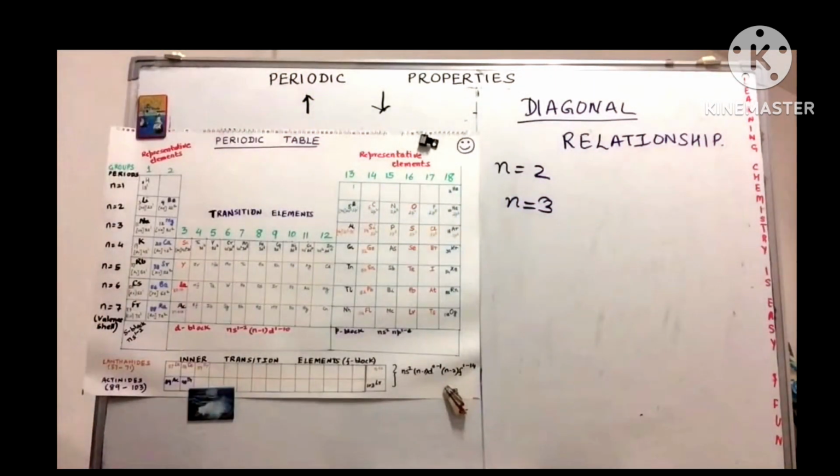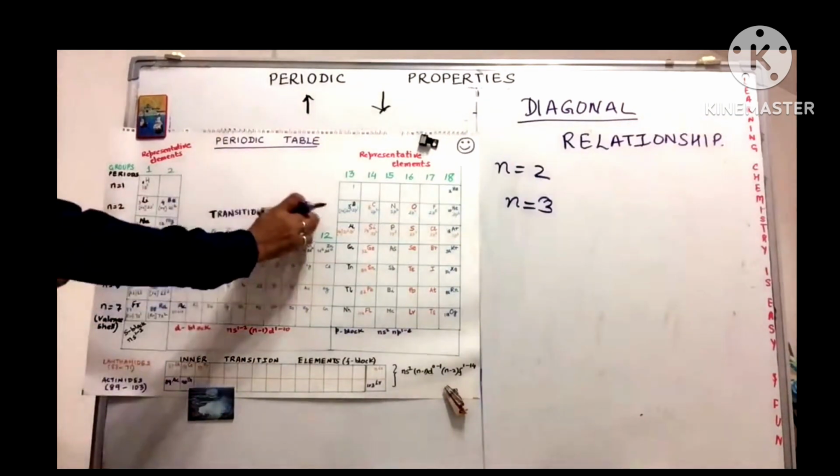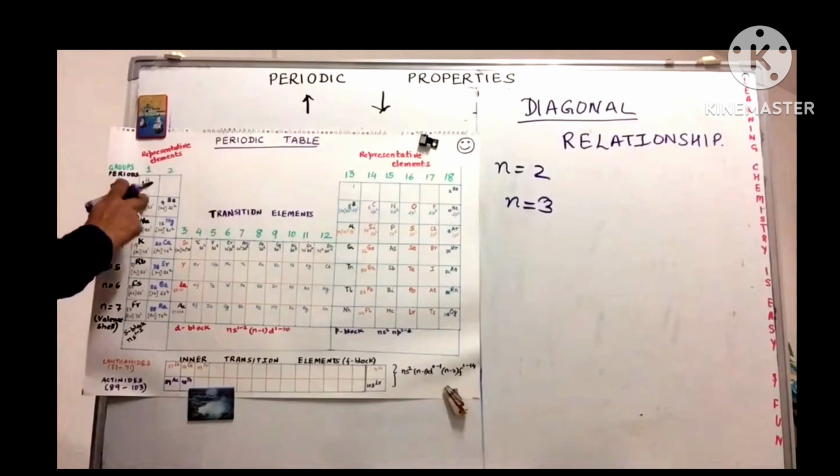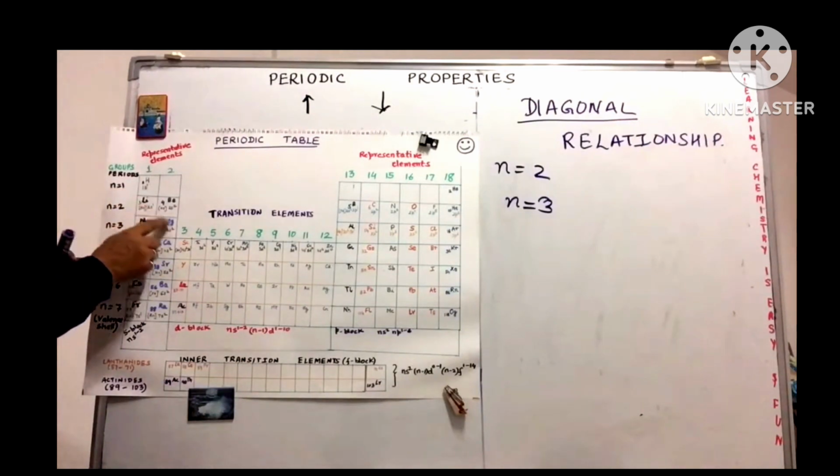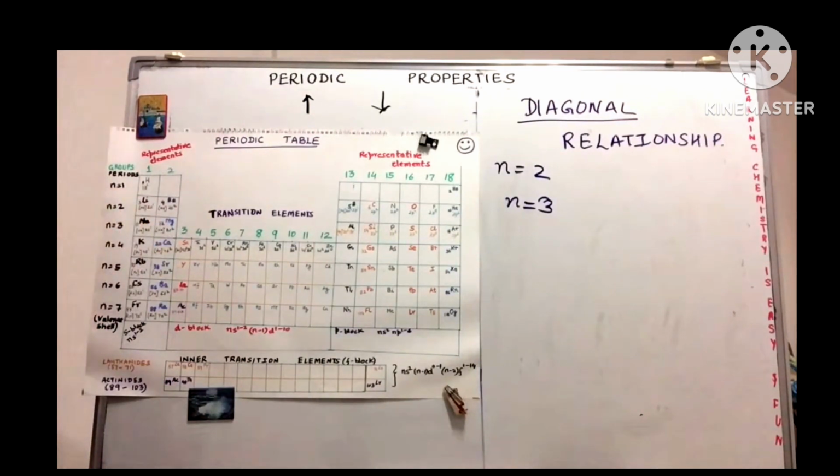This is what we call diagonal relationship, and it can be attributed to a decrease in atomic size across the period and an increase in atomic size down the group, which cancels the effect of the increase and the decrease, making their atomic sizes similar, and hence their behavior is also quite similar.